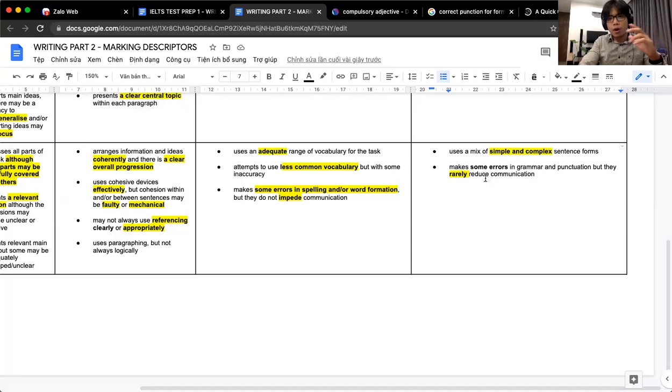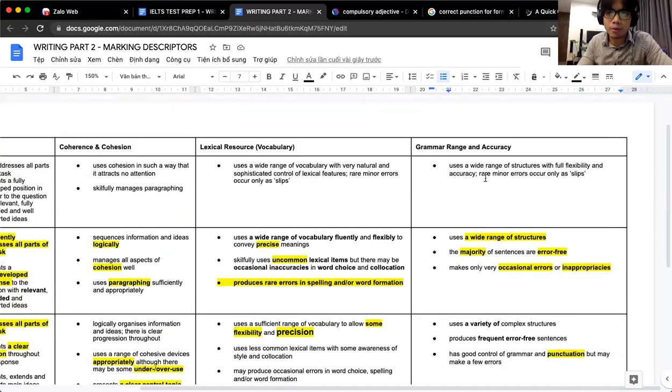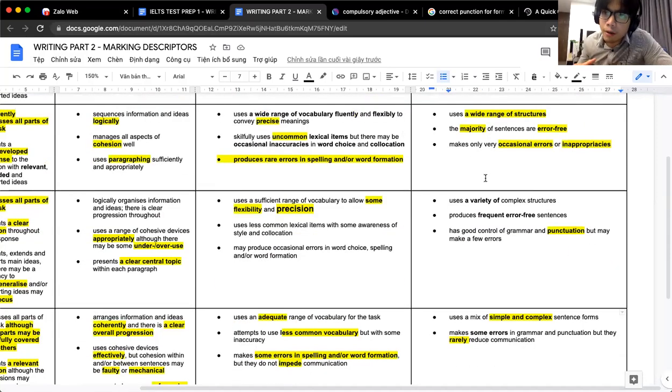So long story short, for the whole grammar thing, if we want a good score, try to use a wide range. By wide range, that means conditionals, passive voice, relative clauses, cohesive devices, cleft sentences. Use them correctly, and you should have a good score for this.